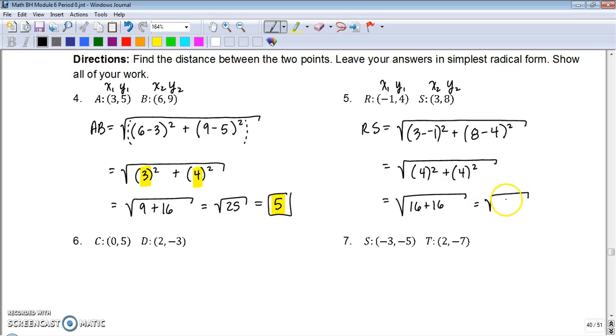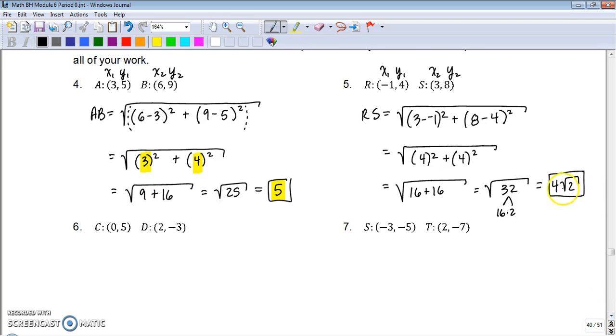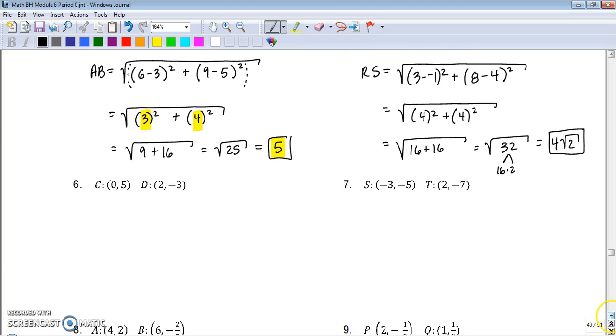I'm waiting to square root until the very end. 32, which is 16 times 2, so this will be 4 root 2. Every time I have to simplify if it does not come out to be a rational number.